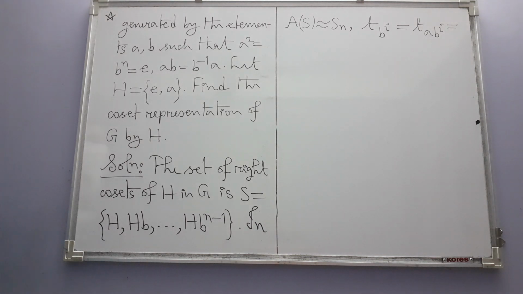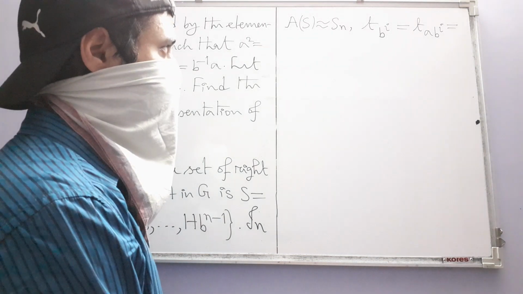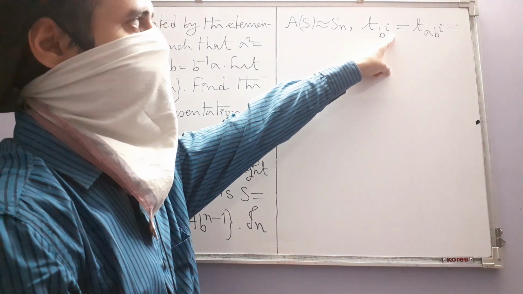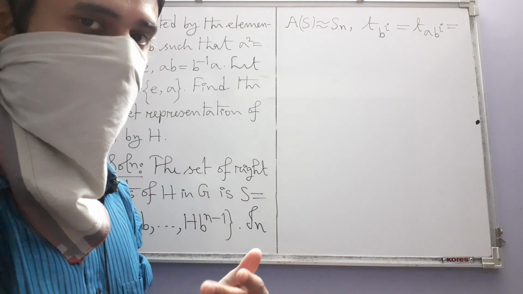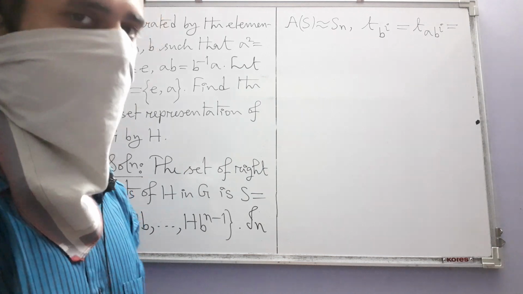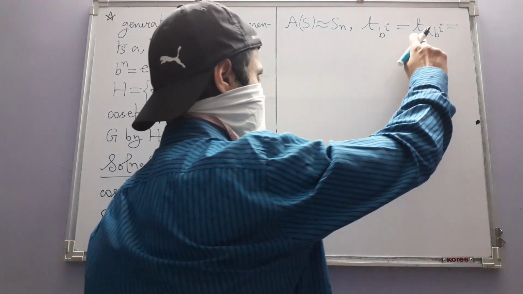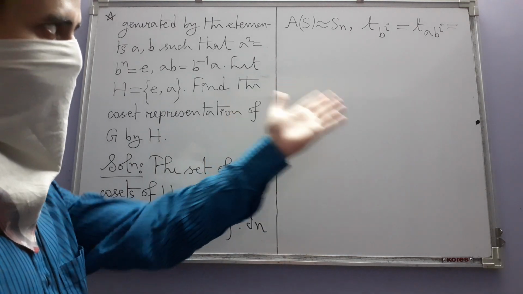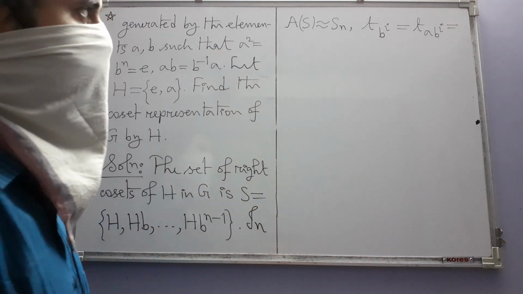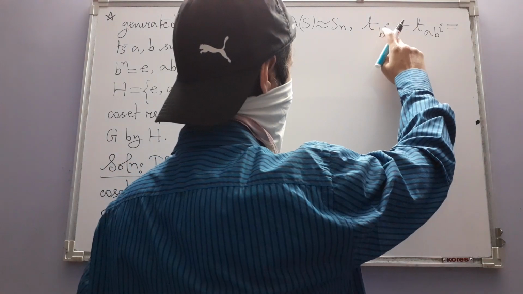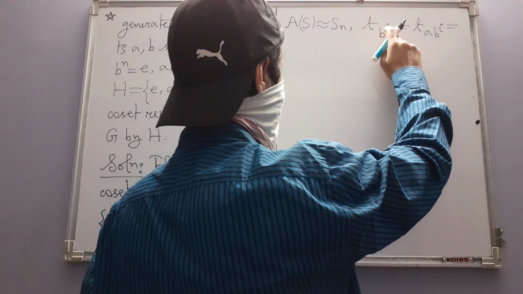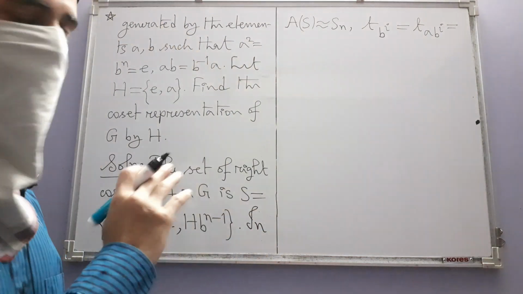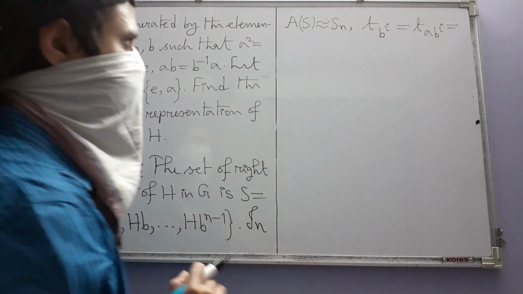It turns out that T for the group element B to the power i represents a rotation, and you know that AB to the power i represents a reflection. So we do have all the elements here, but keeping in mind that T of B to the power i will be the same as T of AB to the power i as well, if those two exponents i are the same.